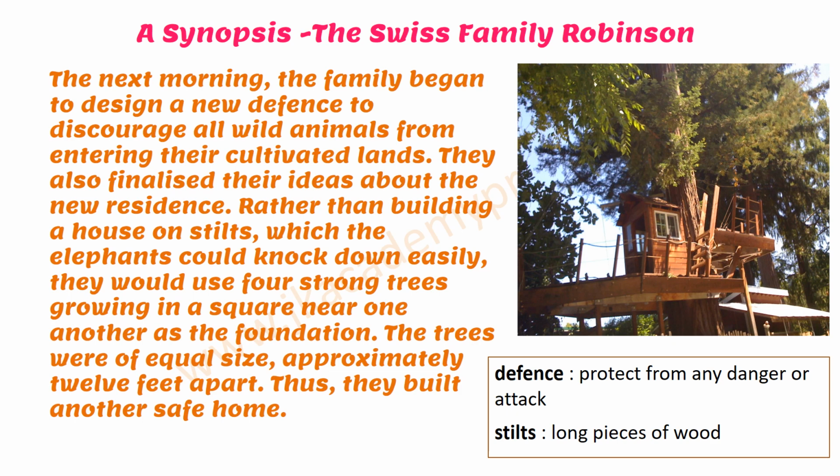The trees were of equal size, approximately 12 feet apart. Thus, they built another safe home. They found such trees, four of them, all equal in height, and it helped them to build the house on those trees.